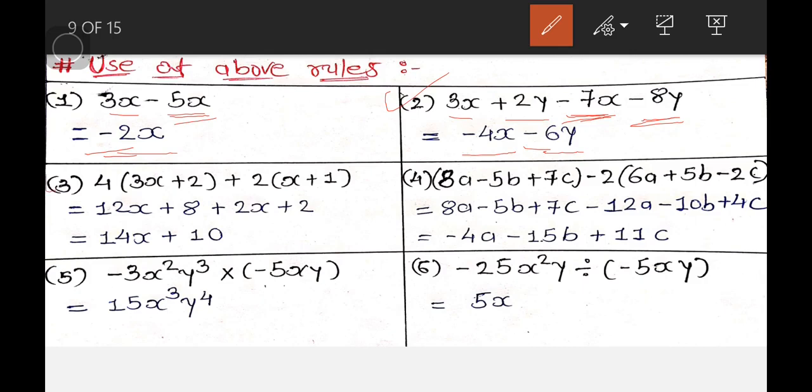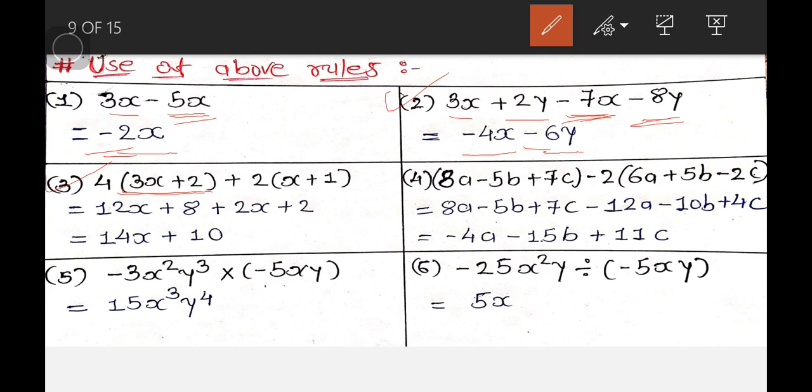Now in example 3, we can see that the given expression is 4 into 3x plus 2, plus 2 into x plus 1. First we remove the brackets and multiply 4 with 3x plus 2.